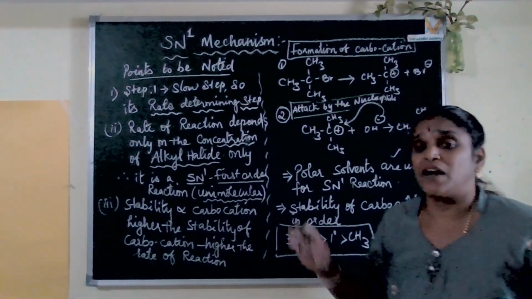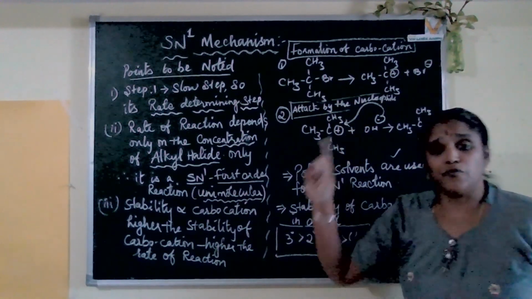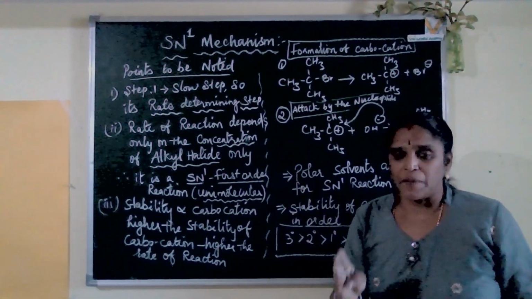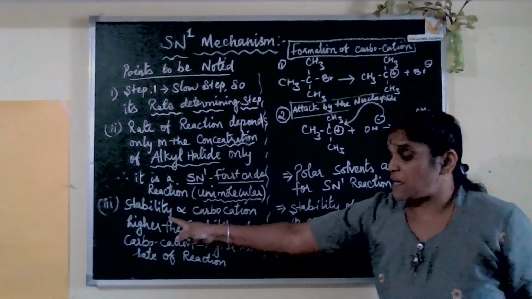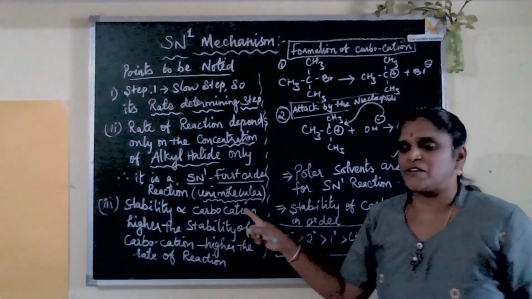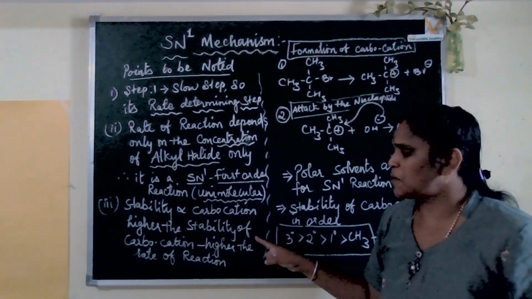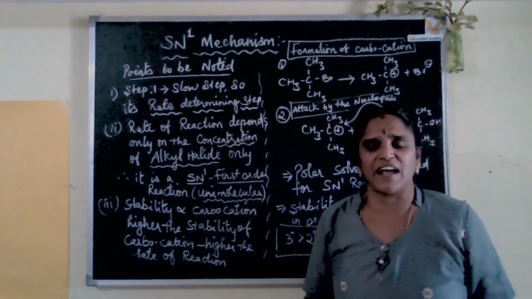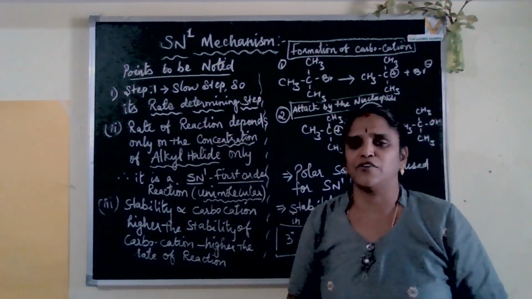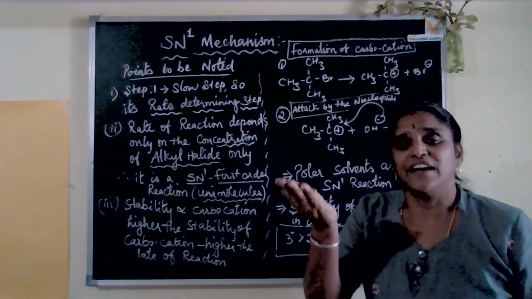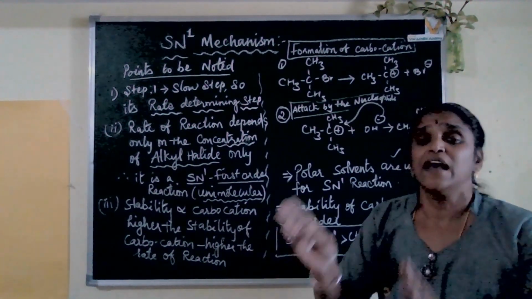Now the next one: since carbocation formation is the rate determining step, stability affects the rate of the reaction. Stability is directly proportional to the rate. The higher the stability of the carbocation, the higher the rate of the reaction. That means the concentration depends only on the alkyl halide.